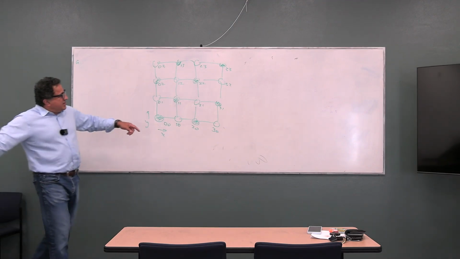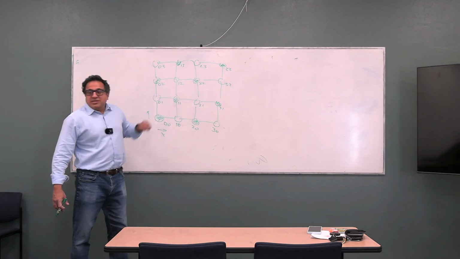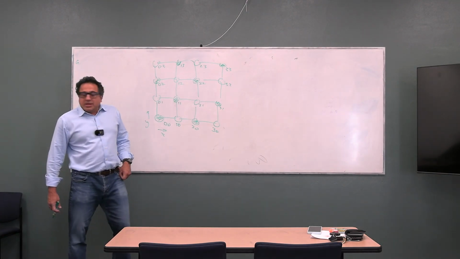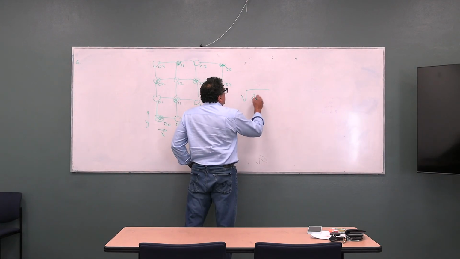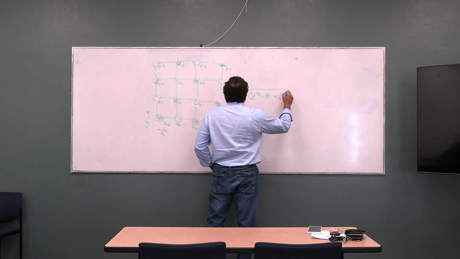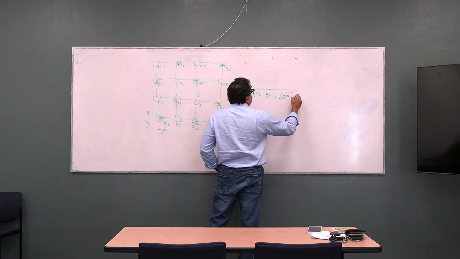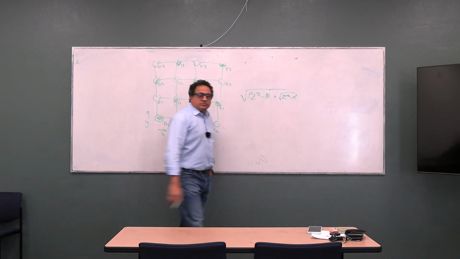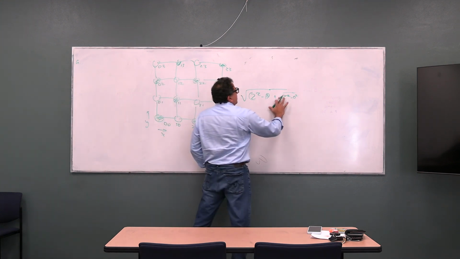So what is the distance, say, between 2, 2 and 1, 0? It's just 2 squared minus 1 squared plus 2 squared minus 0 squared. Oh, what am I doing? I don't need this.